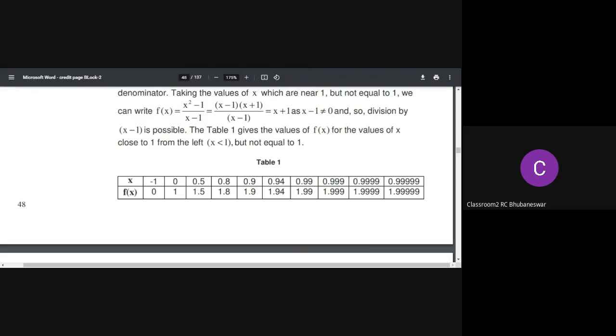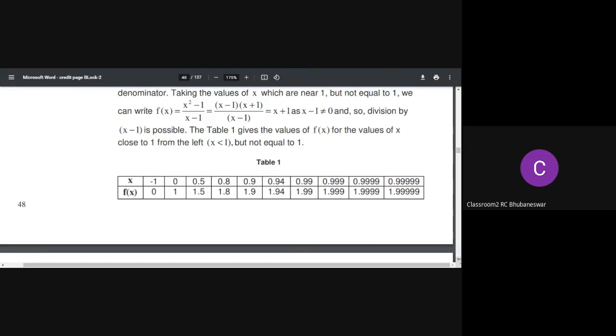Here we have taken the value of x in the first row and the value of the function in the second row, listed up to 4 to 5 decimal places. And clearly you can say that when x is approaching the value 1, the function value is approaching 1.99, which means it is the approximate value of 2, very close to the value 2.